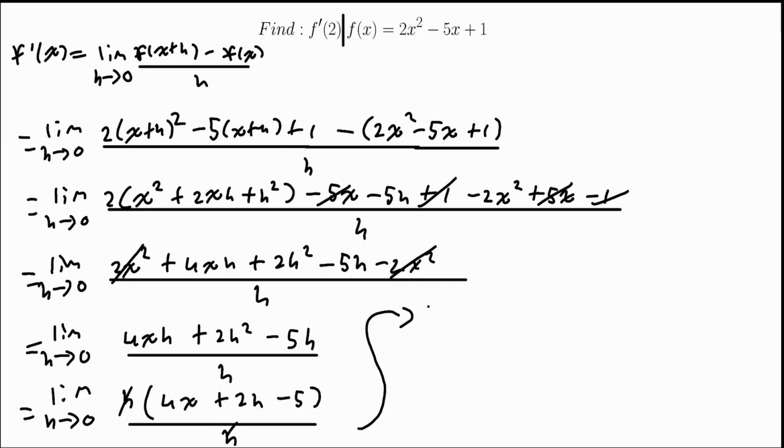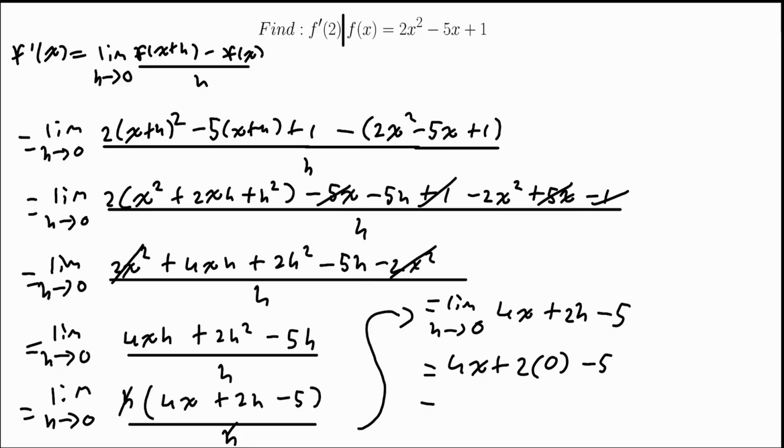So we're left with the limit as h approaches 0 of 4x plus 2h minus 5. And now we can evaluate h at 0, which will be equal to 4x plus 2 times 0 minus 5. And this will just be equal to 4x minus 5.